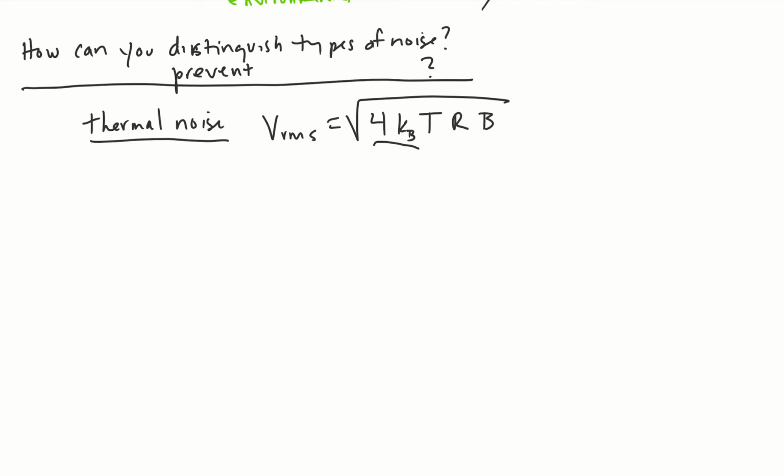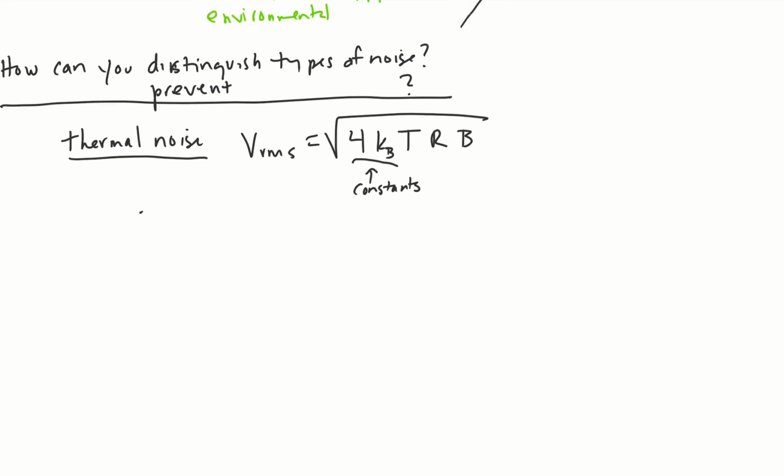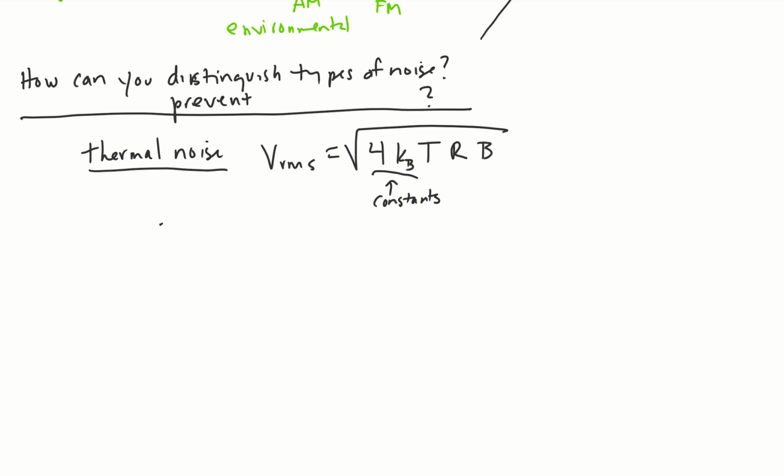Well, 4 and KB are constants, so they're kind of out. But going through here, we can change the temperature with T. So with increased temperature, do you see an increase in noise? That will help you determine if thermal noise is the source.